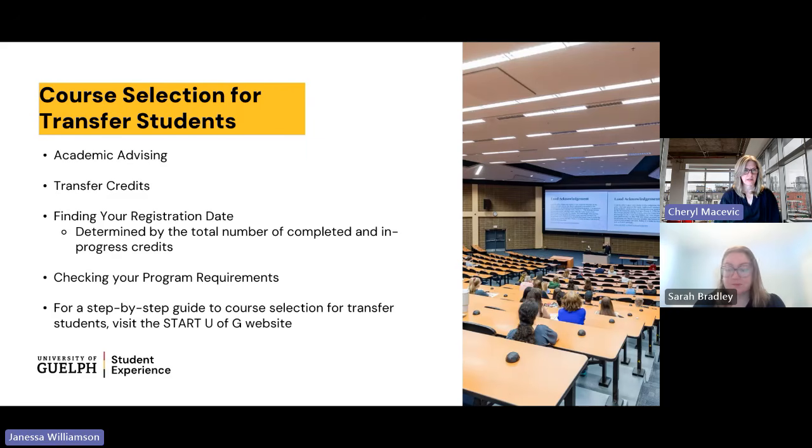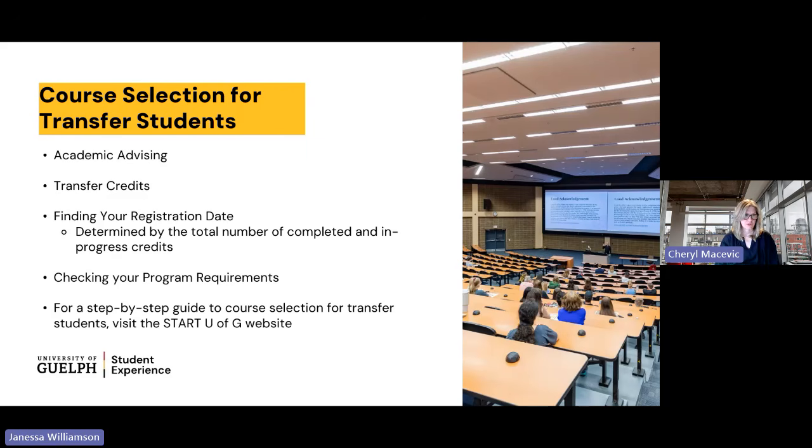For folks today who might be joining us as a transfer student, meaning you've completed some post-secondary education already and are a newly admitted transfer student, what we typically would recommend is that the letter of offer you received from admissions provides the contact information for your academic advisor.